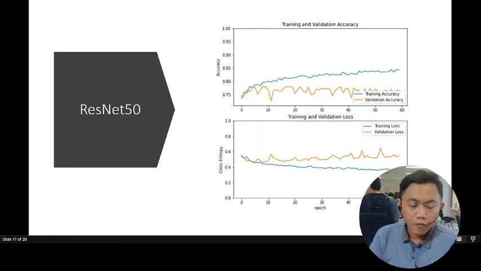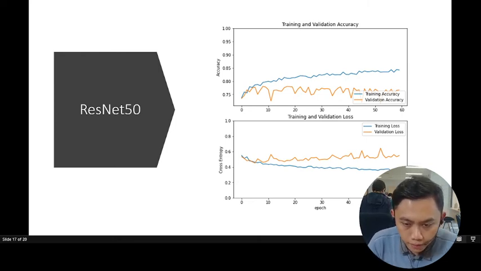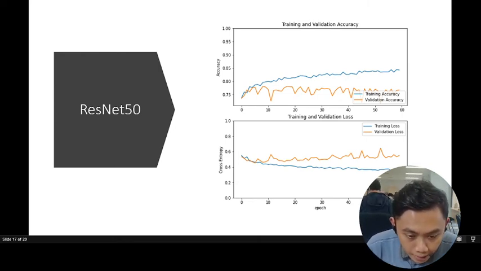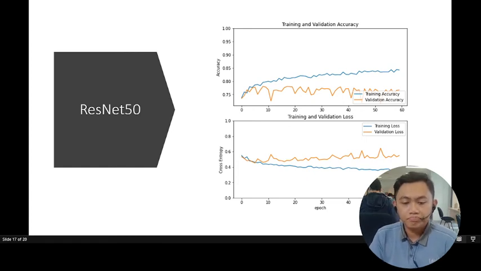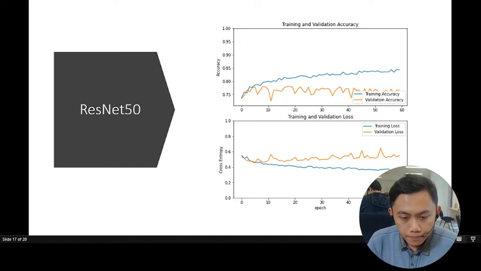So this is the result of ResNet 50. We can see here that ResNet 50 is gaining good accuracy, but not very good.